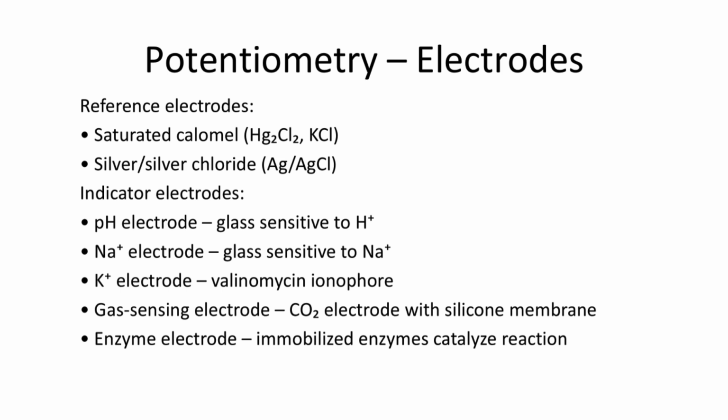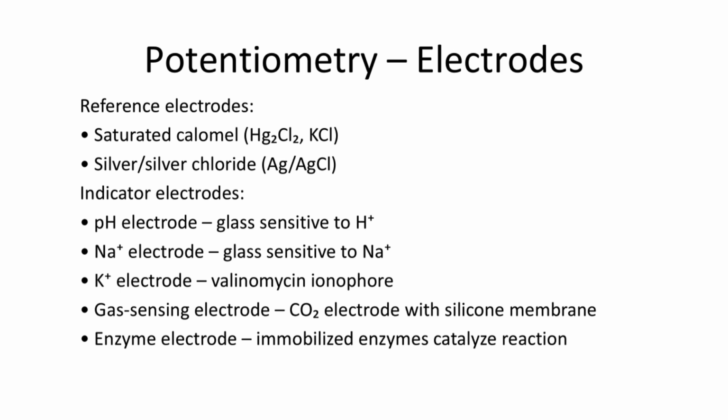Examples include the glass pH electrode, which is sensitive to hydrogen ions; sodium electrodes with glass sensitive to sodium ions; potassium electrodes that use a liquid ionophore called valinomycin; gas-sensing electrodes with membranes permeable to gases, such as the carbon dioxide electrode. This CO2 electrode is a pH glass electrode covered by a silicone rubber membrane permeable to CO2.